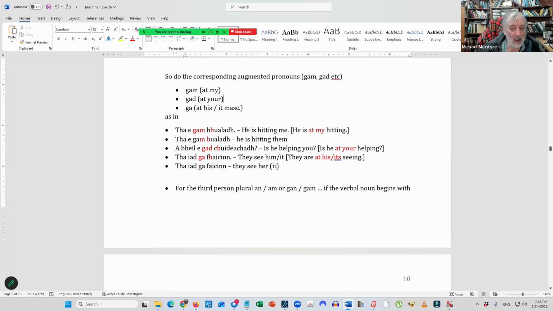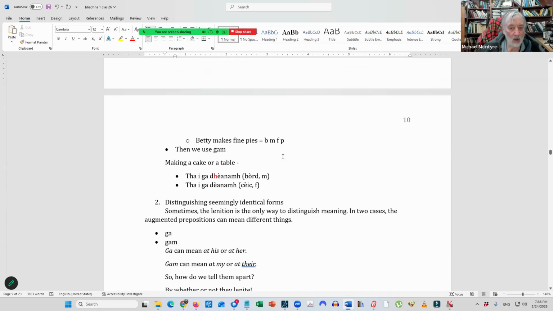Hai gamvuluch, he is hitting me. Hai gambuluch, he is hitting them. Notice no lenition. Aveli got chutchikuk, is he helping you? Is he at your helping? Hayit got echen, they are seeing him. Hayit gefechen, they see her, they're at seeing her. Okay?